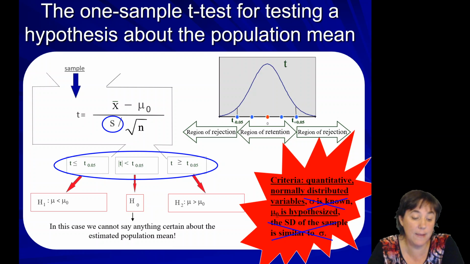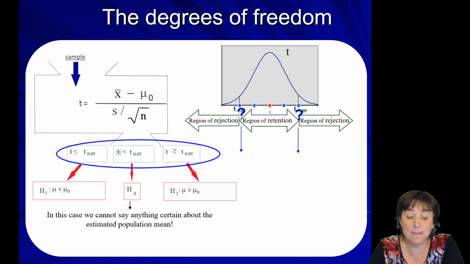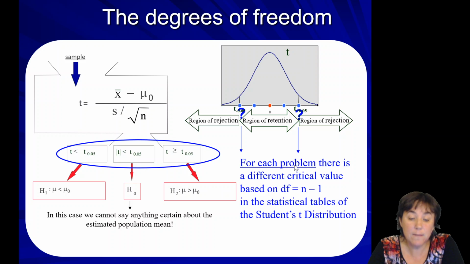Okay, take in that. Whenever we do the test, and that's what the blue circle is about, we have to predetermine these two points, which will mark the area of retention and rejection, and these we call the degrees of freedom.